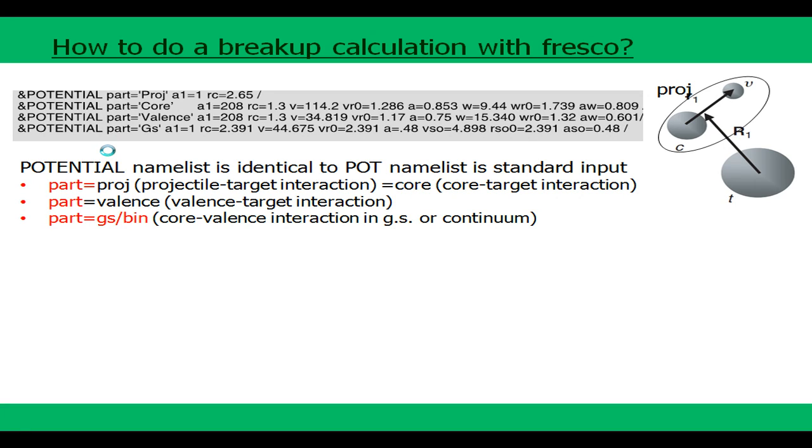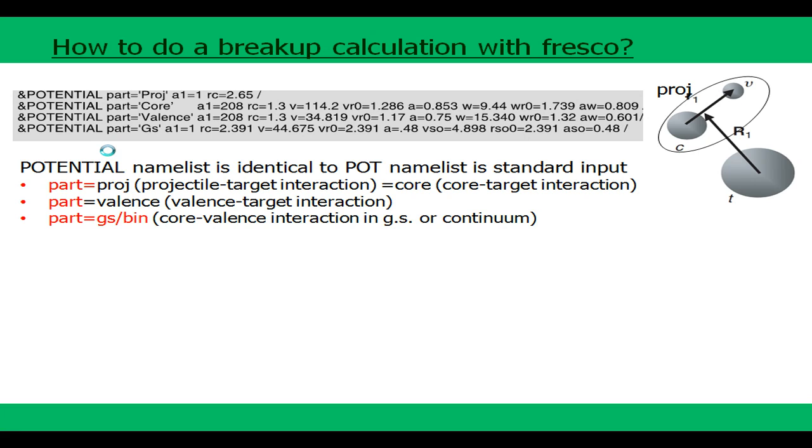This particular case is a proton, beryllium-7 or proton target, and even the beryllium-7 target only takes into account the mass of the lead. So RC is the Coulomb radius, and then you've got the depths: the depth of the real part, the radius of the real part, and the diffuseness of the real part, and then you've got the equivalent for the imaginary part with no surface in this case.